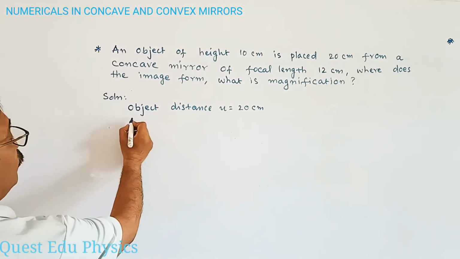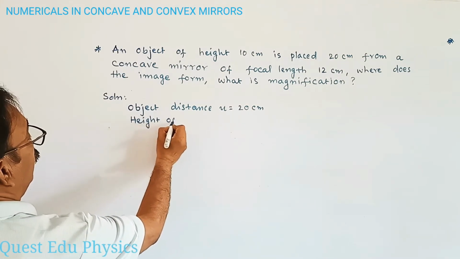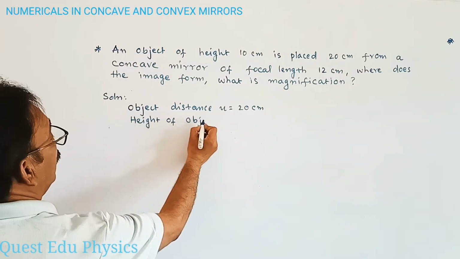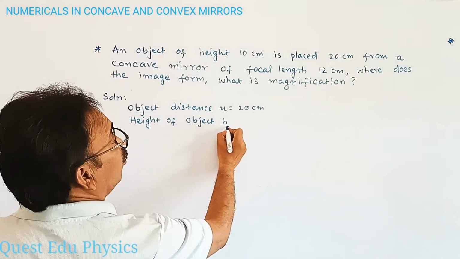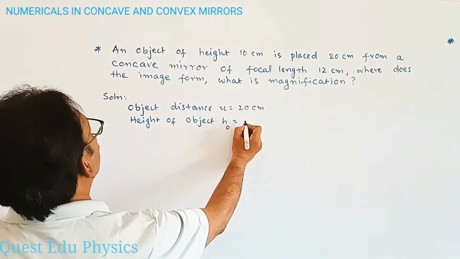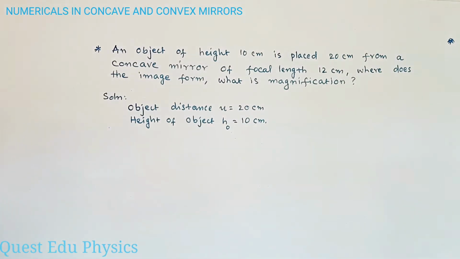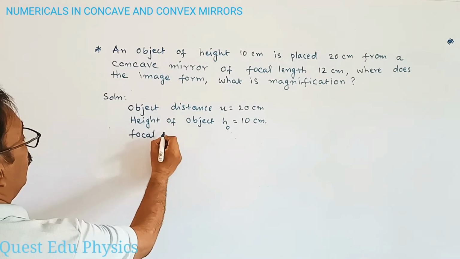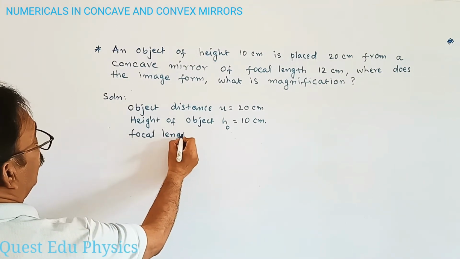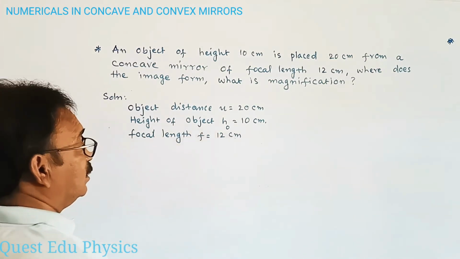Height of object is given, ho is 10 centimeter. Focal length is also given, students. Focal length f is equal to 12 centimeters.